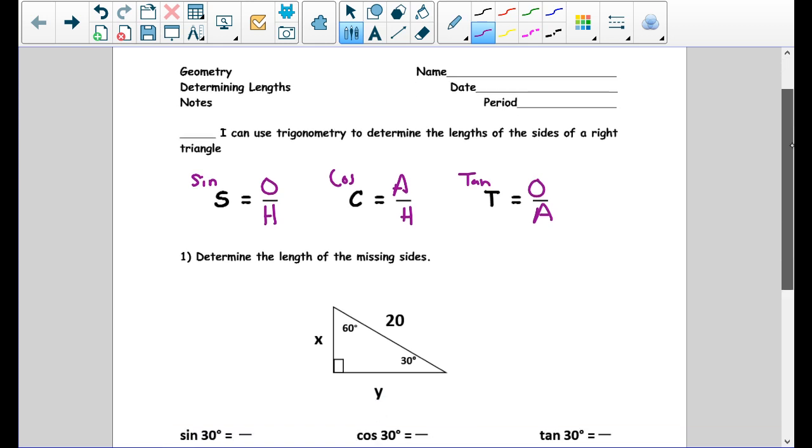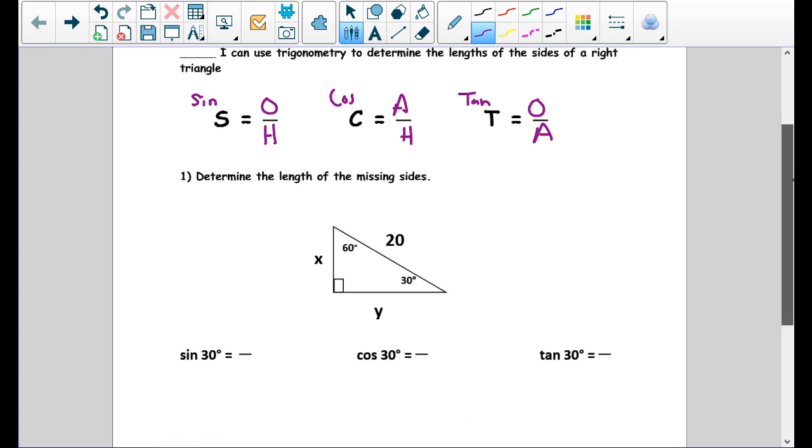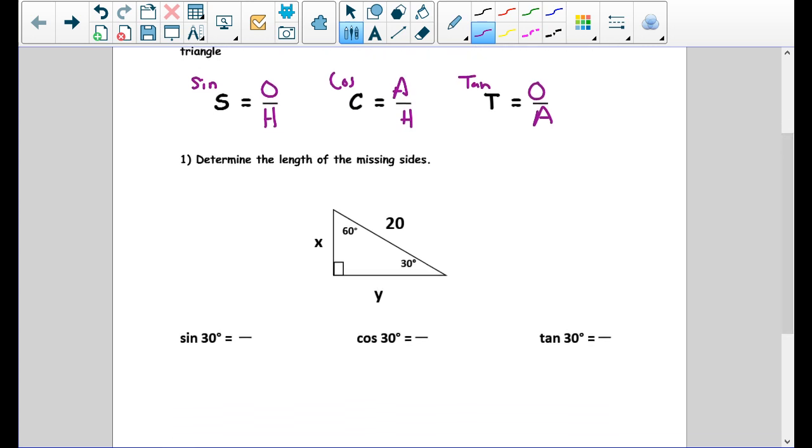Now, take a look here. It says determine the length of the missing side. So if I have sine of 30, looking at this angle here, let's label my triangle based on this angle. 20 is the hypotenuse.